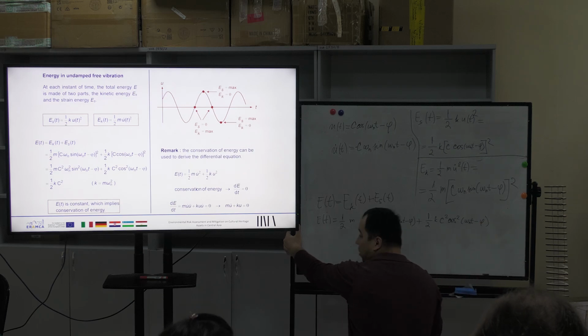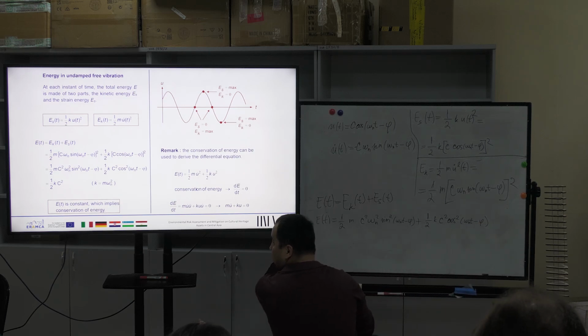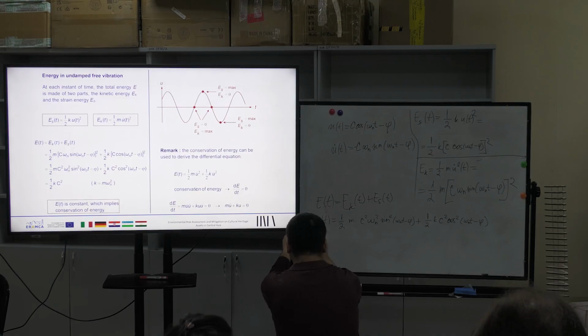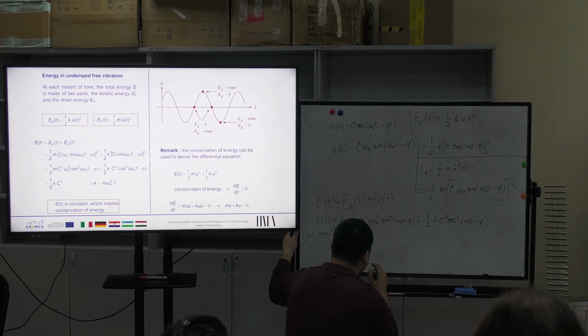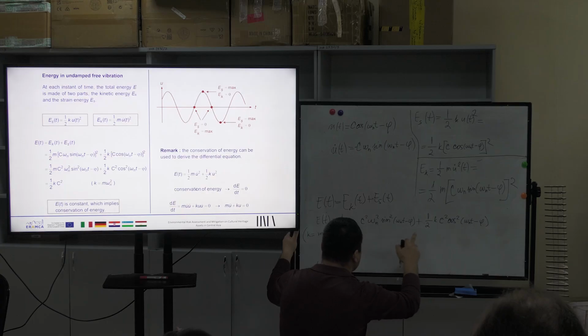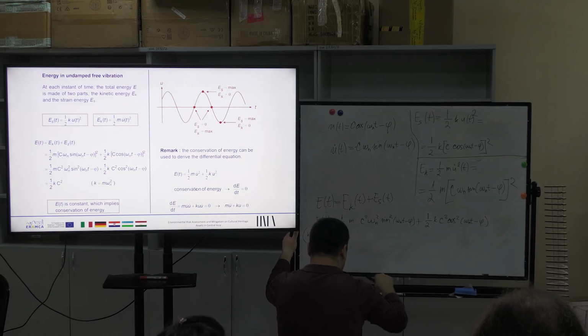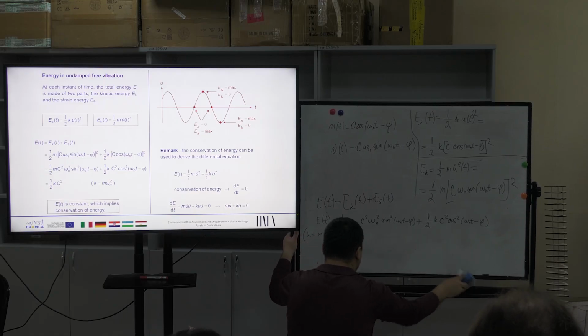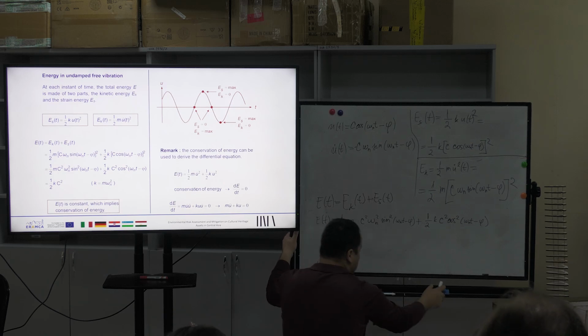Okay. So now we have k is equal to m omega n squared. Yes? Instead of this one, I have to put this one. If I put this one here, what will it become?